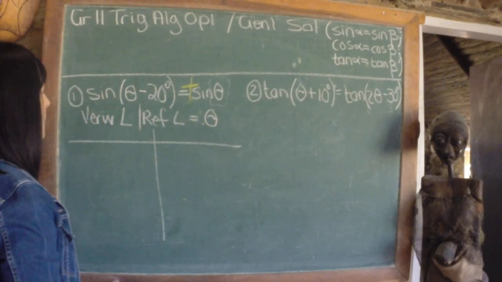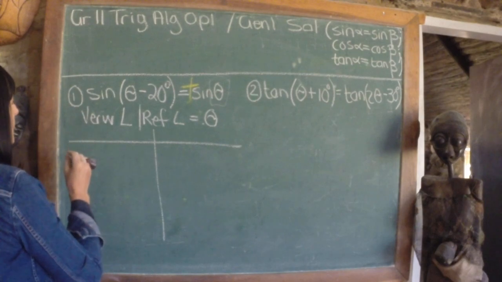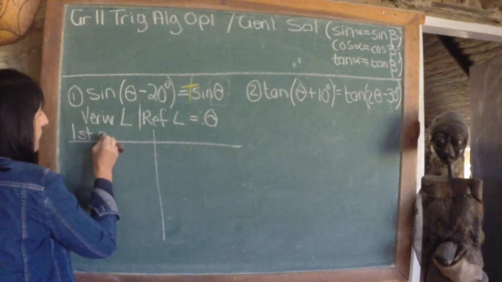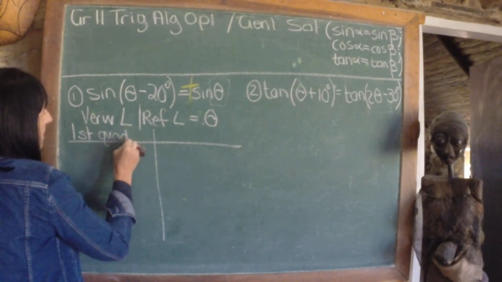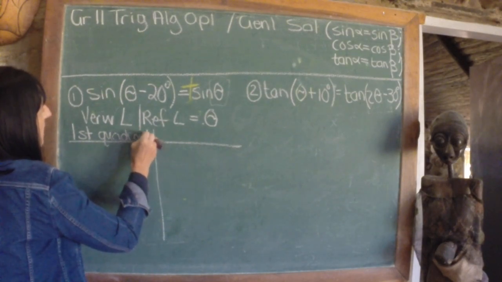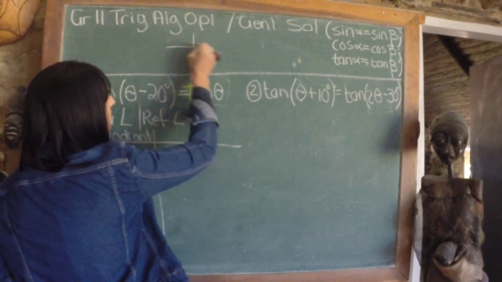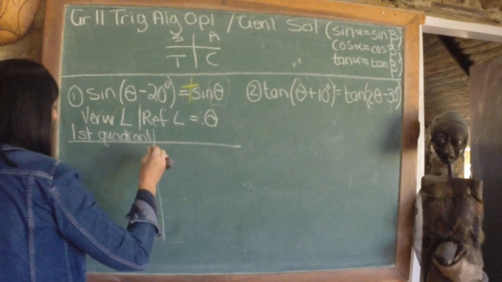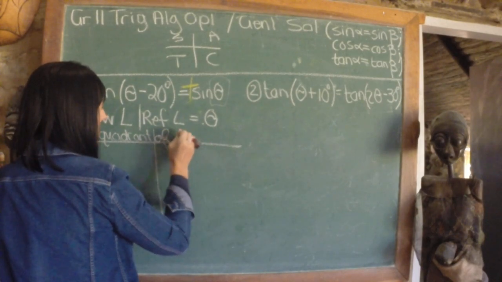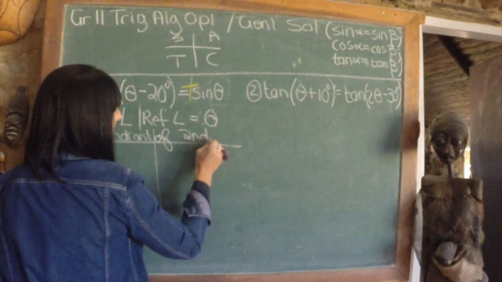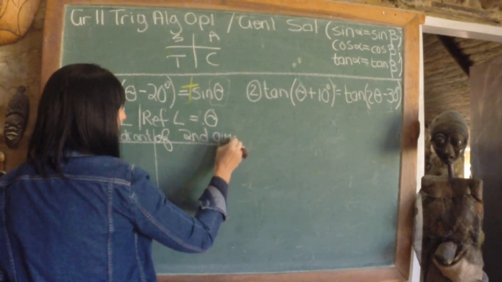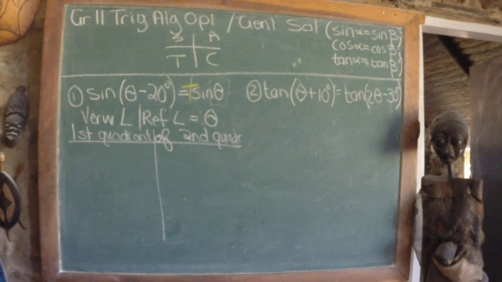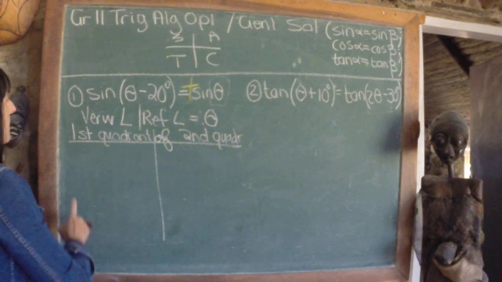Nou, die kaasdiagram sê, die sinuskurwe is positief in die eerste kwadrant, as well as in the second quadrant. First and second quadrant. Okay, now we're going to go to our first quadrant.